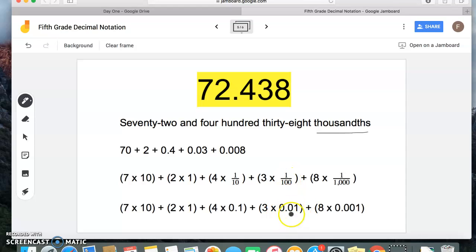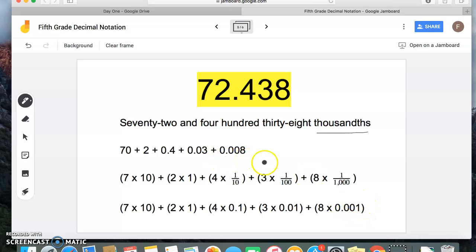It's up to you if you would like to represent it in decimal form or fraction form. So now I have 3 times 1/100, giving me a value of 3/100. Then in my thousandths place, I have 8 times 1/1,000 or 8 times 0.001, giving me a value of 8 thousandths.